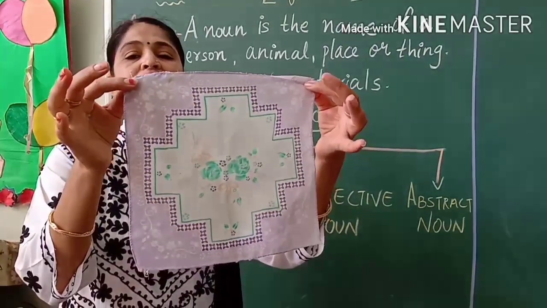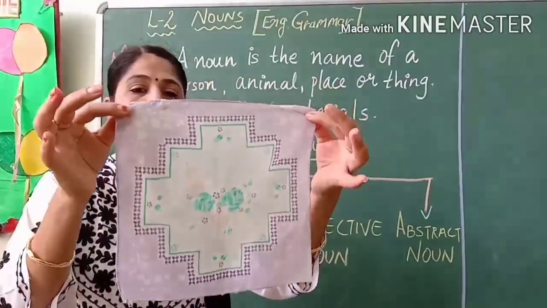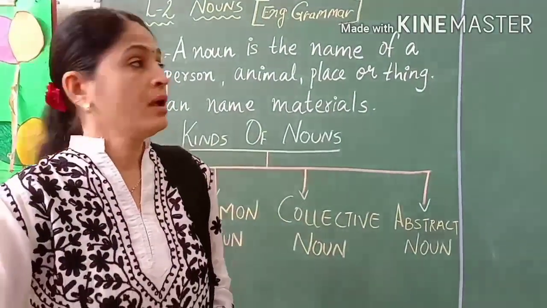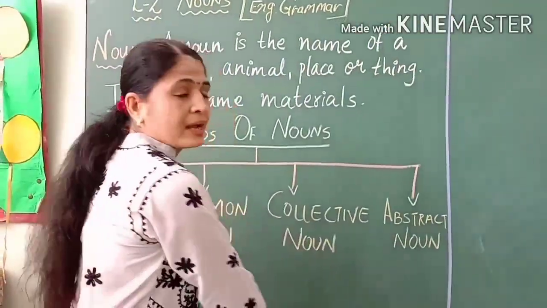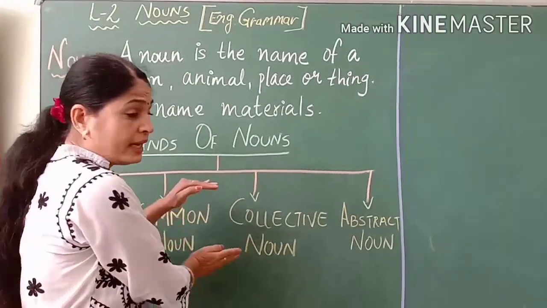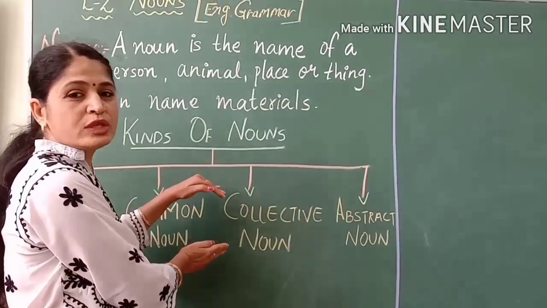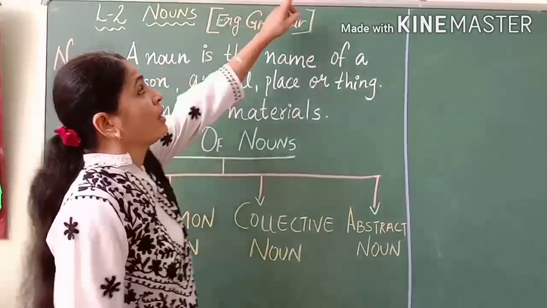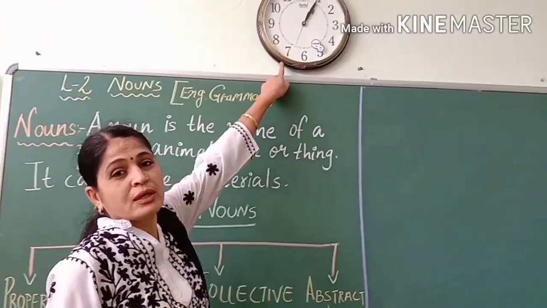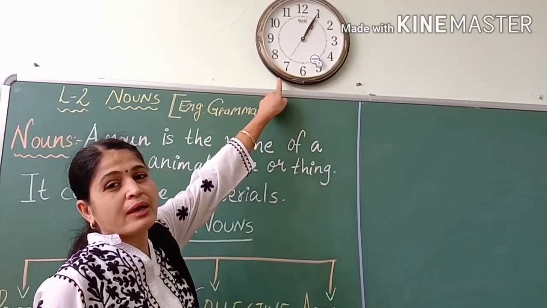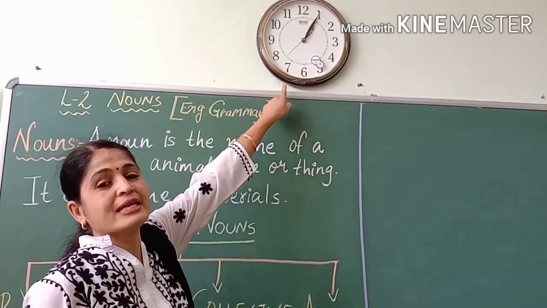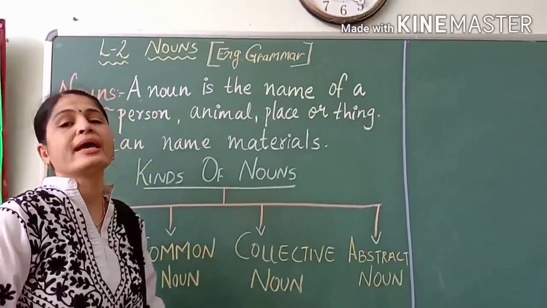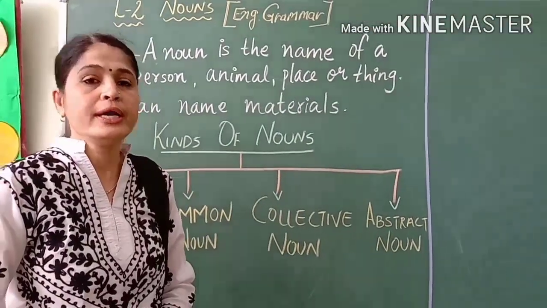Handkerchief, the name is given by us to this particular thing, so it is a noun. Blackboard, the name given by us to this particular thing, so it is a noun. Watch, this material we identify as watch, so these can all be examples of noun.